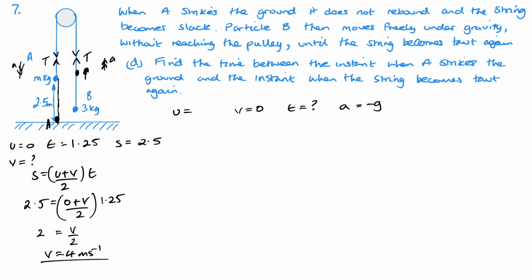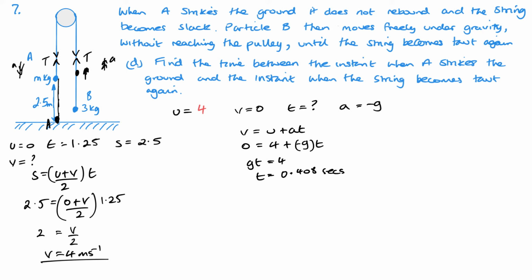Now that I've got that, v becomes my u for my other particle B. So now we've got u, v, a, and t. So v equals u plus at. So we have 4, sorry, wrong way around then. 0 equals 4 plus minus g times t. So gt equals 4. Obviously g is 9.8. So 4 divided by 9.8 is 0.408 seconds.